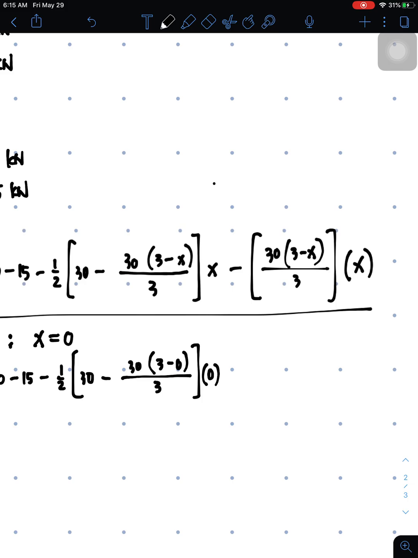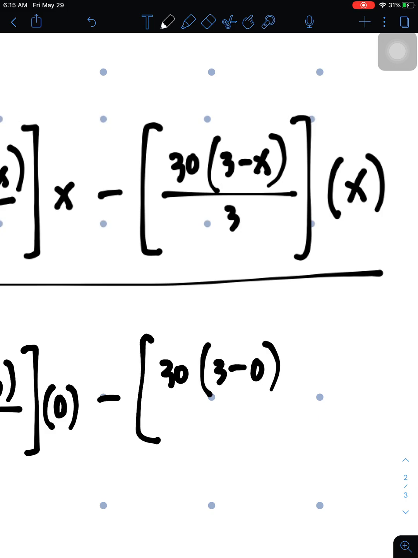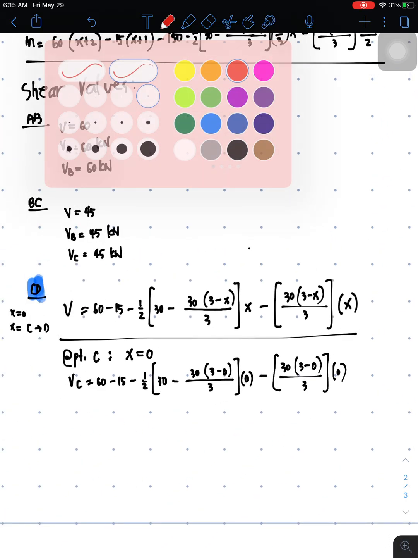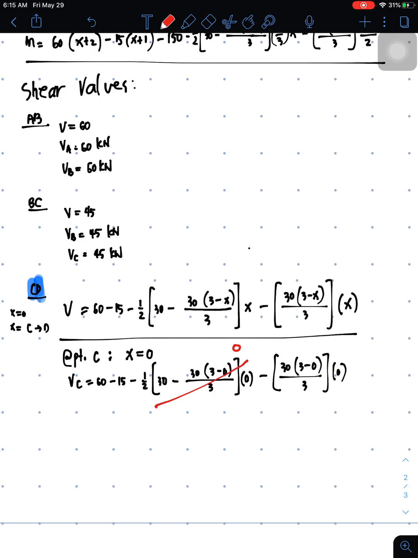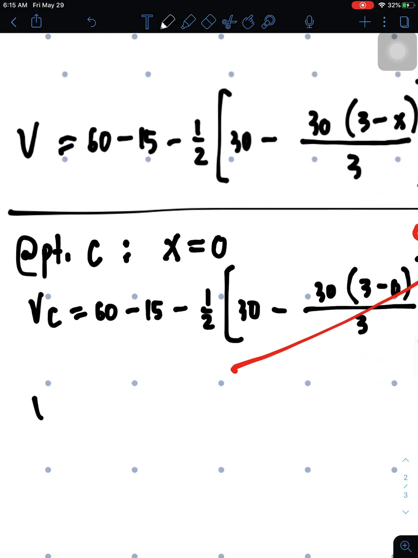So minus 30 times 3 minus 0 over 3 times 0. This term here is 0. So therefore VC is only 60 minus 15, that's 45 kilonewtons.